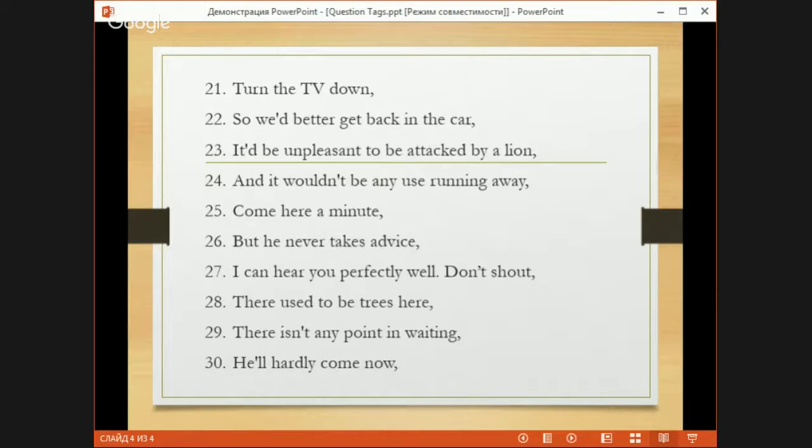And the last 10 sentences, please. Also think, we have here lots of different exceptions. Think how to create tags with them.